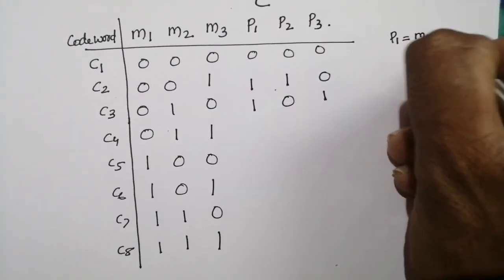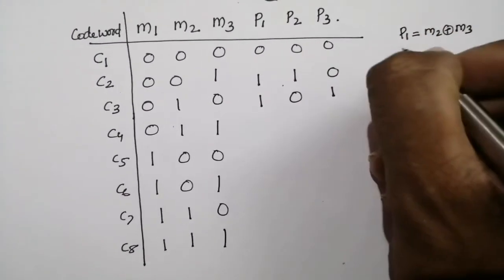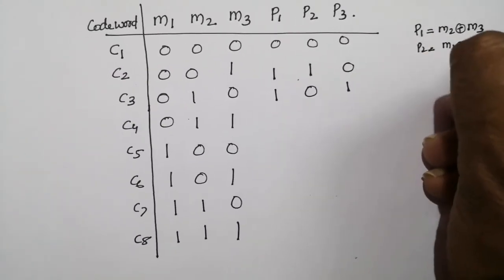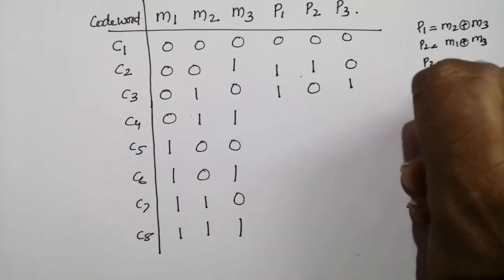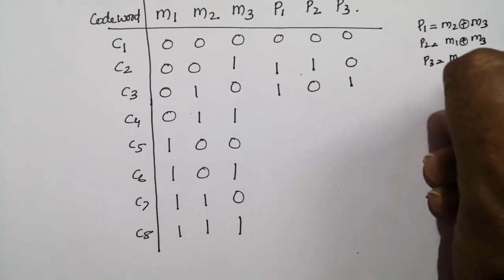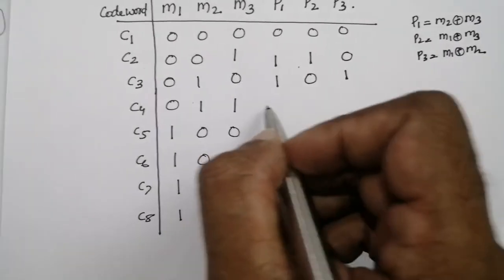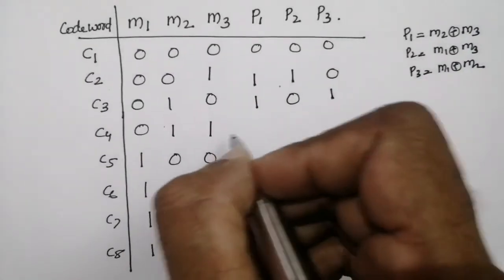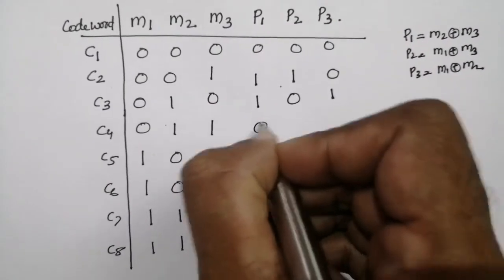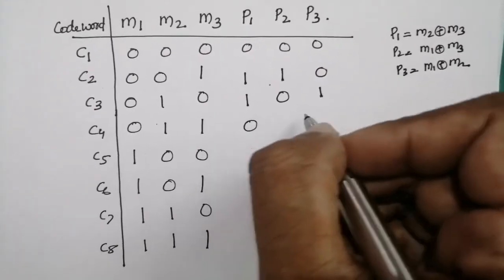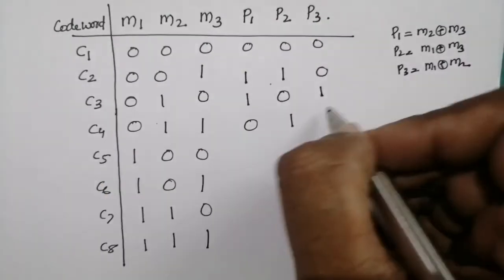P1 equals M2 plus M3, P2 equals M1 plus M3, P3 equals M1 plus M2. Okay. So for C4 we have 1 plus 1 is 0, then 0 plus 1 is 1, then 1.